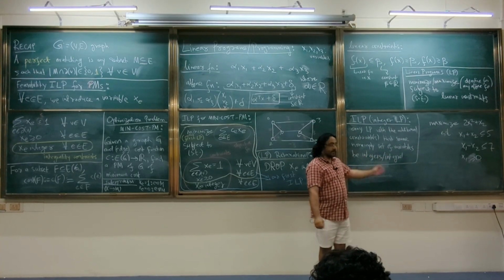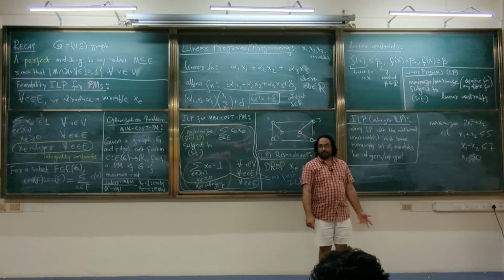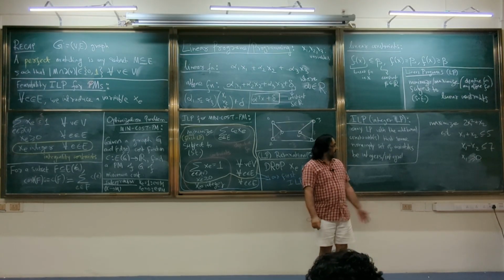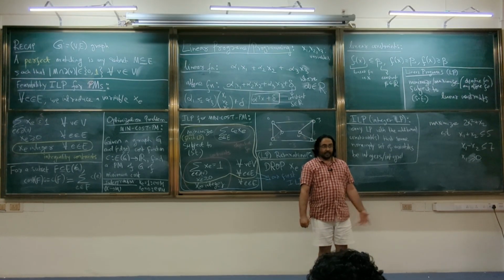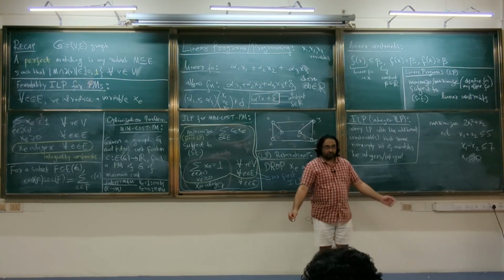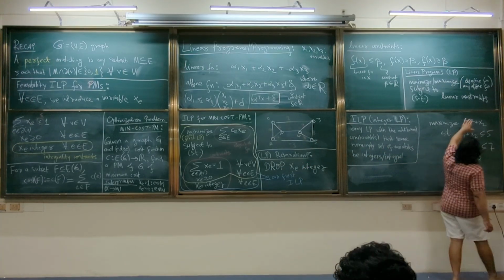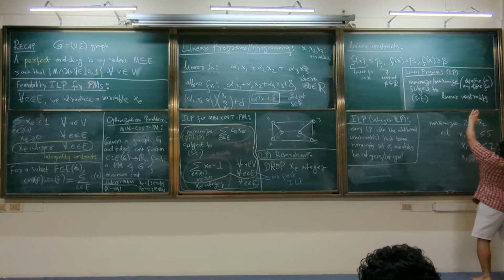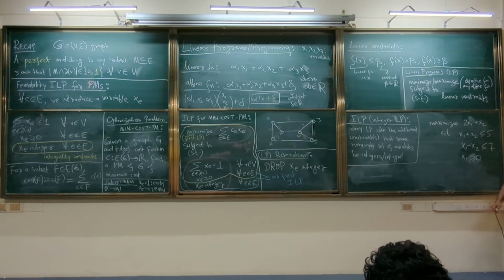We all agree that this is not a linear program. We have something non-linear in there, therefore it is not a linear program. If I remove the non-linearity, I have a linear program.